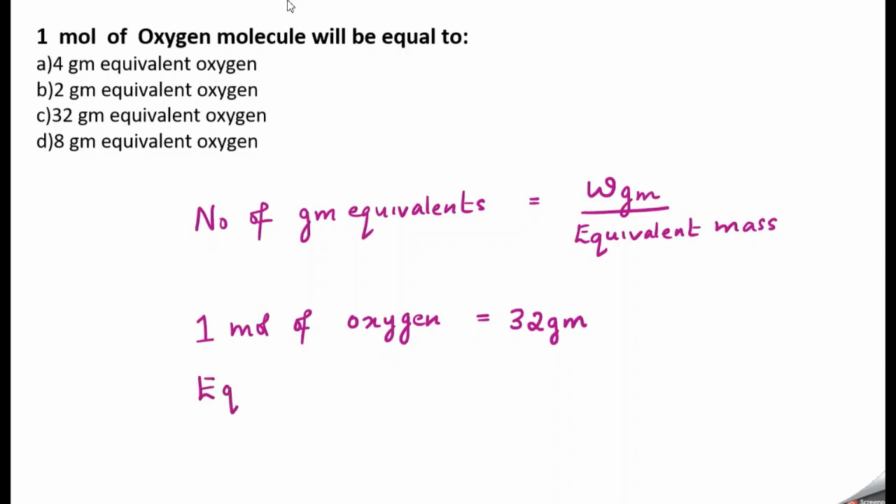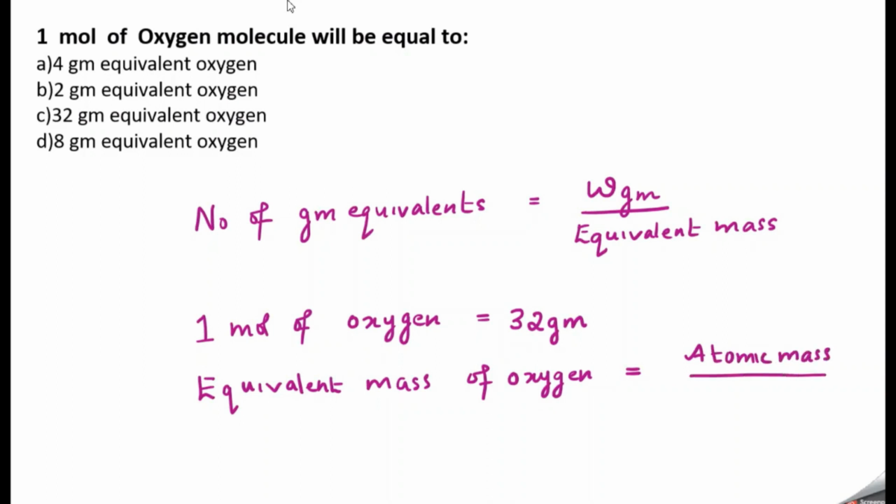So we will calculate that. Equivalent mass of oxygen is equal to, for any element the method of finding the equivalent mass is equal to atomic mass divided by valency.